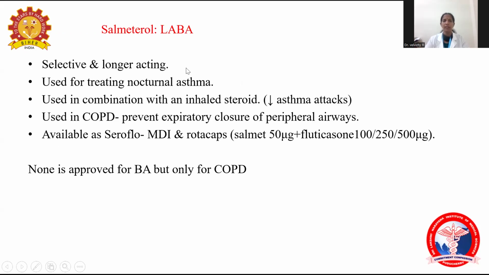Then for long-acting, we have salmeterol. This is a selective and longer-acting drug. These longer-acting drugs are mainly used for prophylaxis or for treating nocturnal asthma. These long-acting drugs are not preferred in acute attacks.